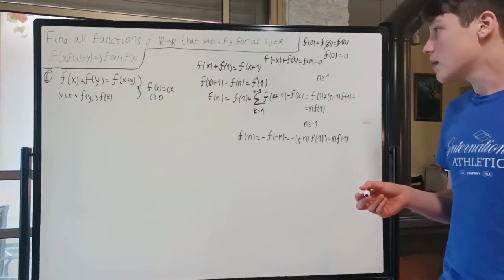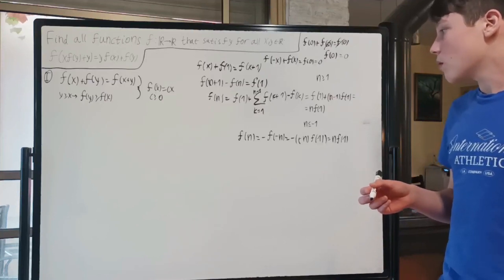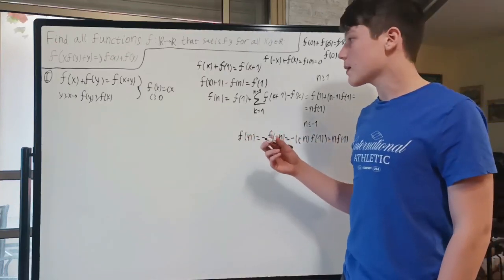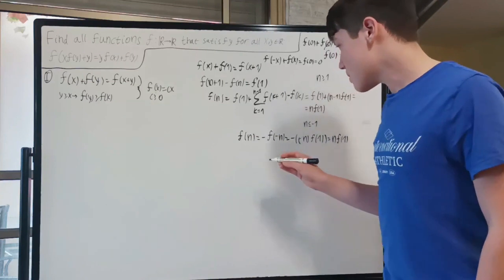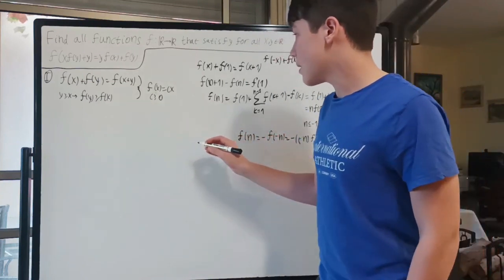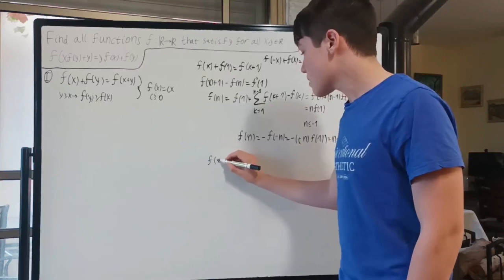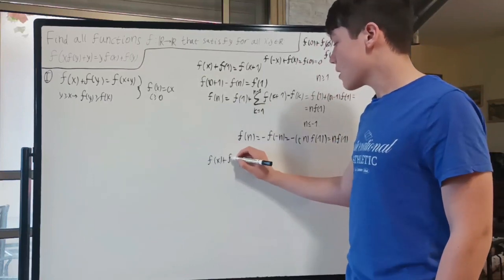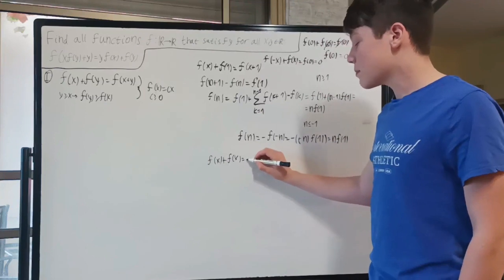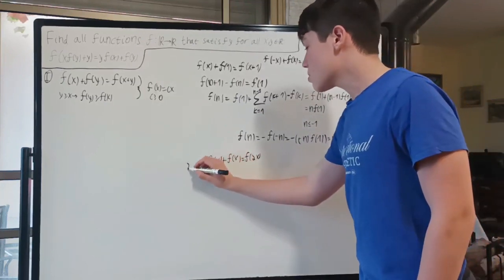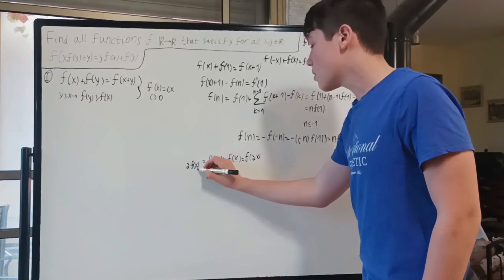Now let's notice, what if, instead of 1, we did this more generally for any x? So f(x) + f(x) is f(x + x), which is f(2x), and this is 2f(x).